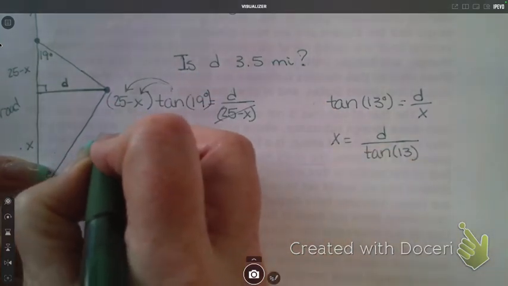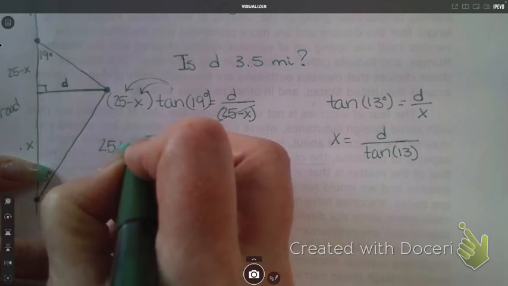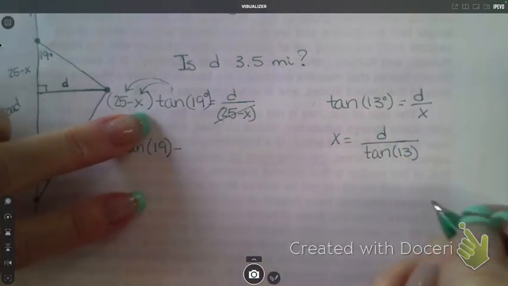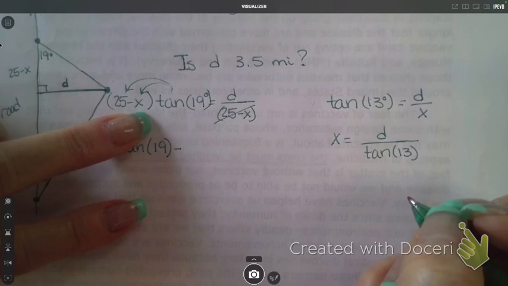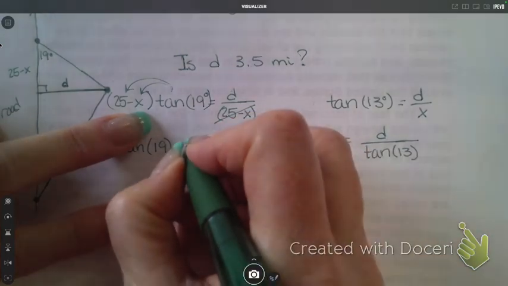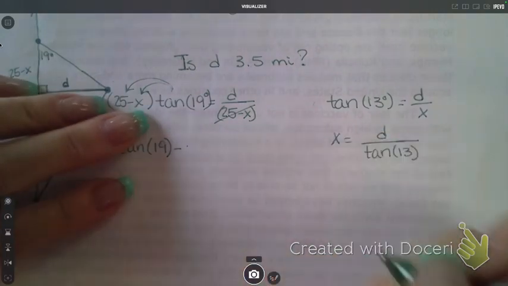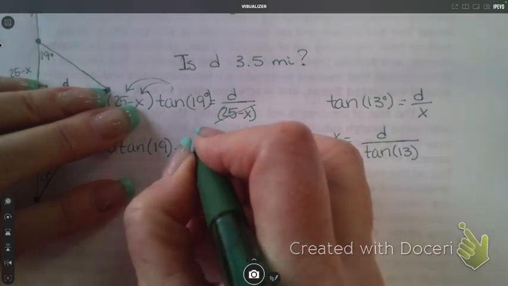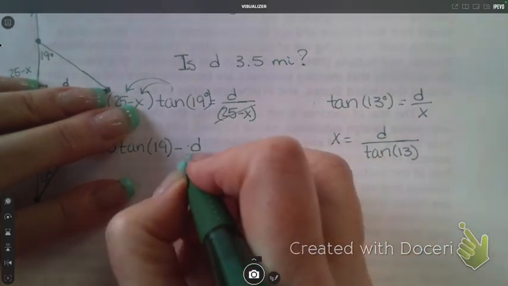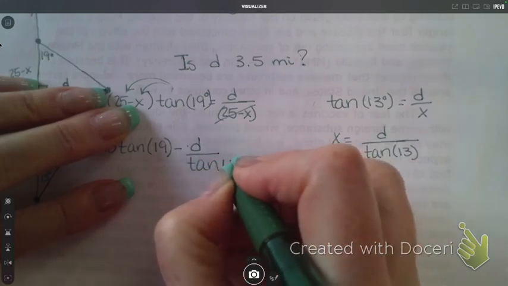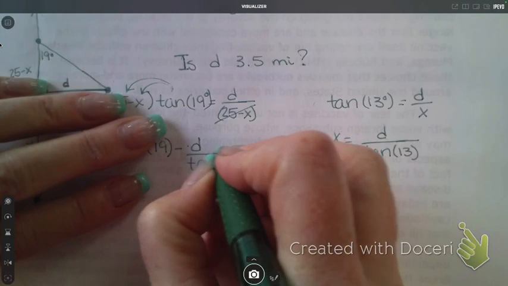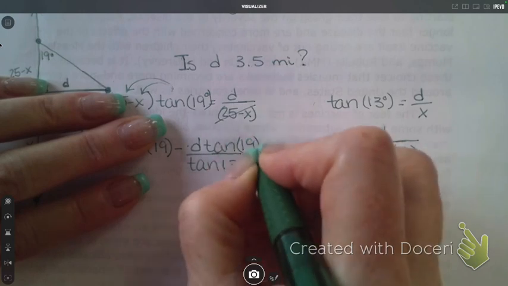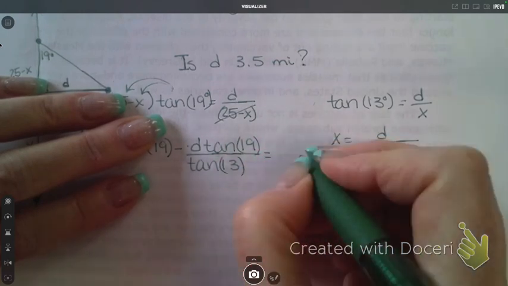So I get 25 tangent of 19 minus, well, should we probably throw in our x now? I think we should. So x is going to be d over tangent of 13 times tangent of 19, so I could just put d tangent of 19 in the numerator, right? Equals d.